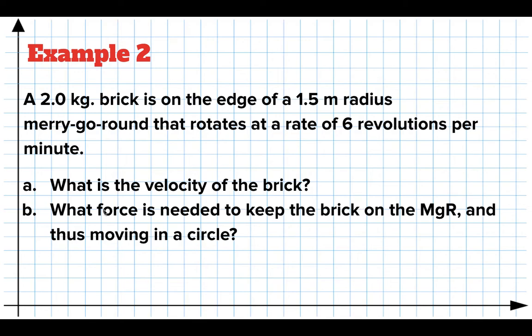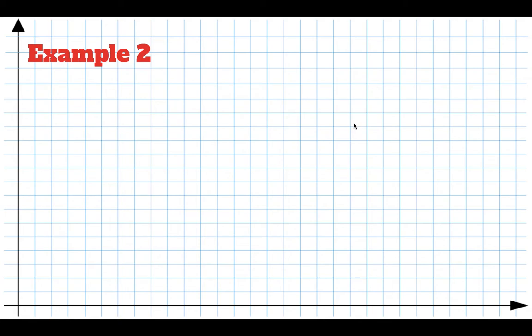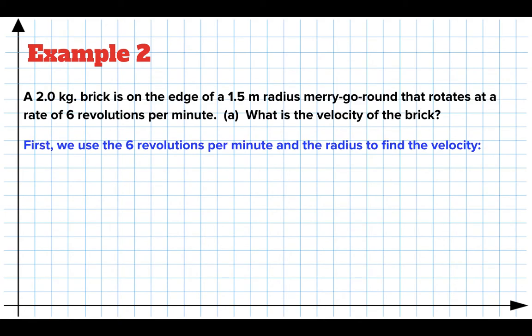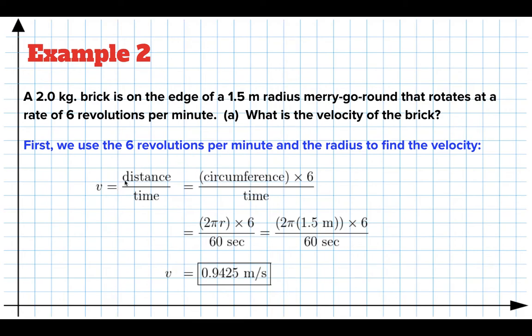So let's start by figuring out how fast this brick is going. We know it goes 6 times around every minute. So in 1 minute, which is 60 seconds, it makes 6 revolutions, which is 6 times the circumference. To find the velocity of the brick, we take the distance it goes divided by the time.